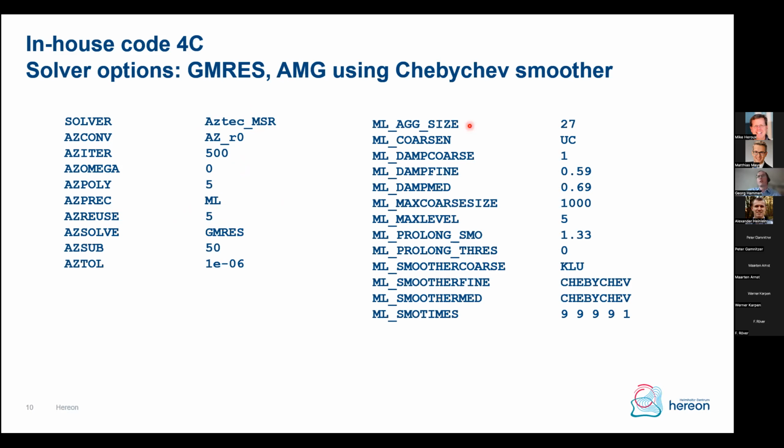And here on the right-hand side, we can see most of the relevant parameters, especially the smoothers: Chebyshev polynomials on the fine and medium levels, and KLU for the coarse level. With the corresponding smoother types and a maximum of 5 levels, and a maximum coarse size, when KLU is used, of 1000.